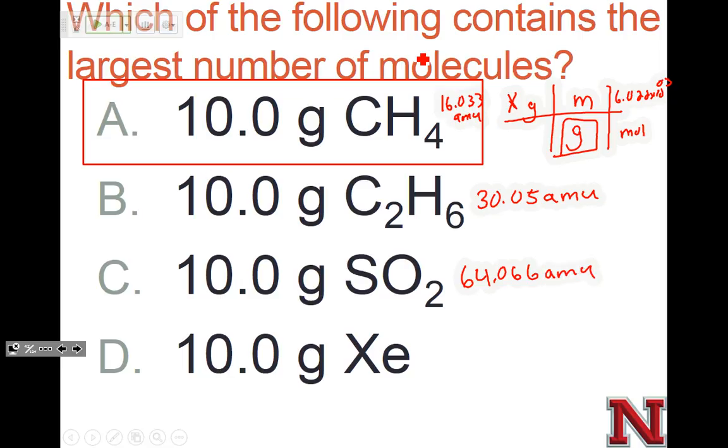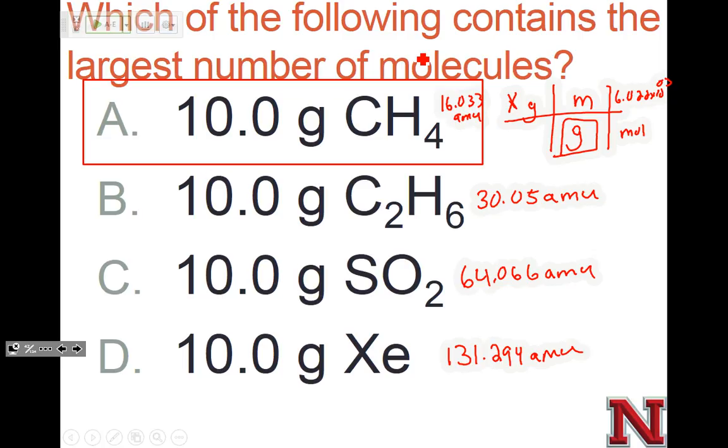And if you look at Xe, Xe actually has an atomic mass that is the biggest. It's very dense. So we can see that CH4 has the least amount of grams per 1 mole, so it's going to have the largest number of molecules, because it's going to have the smallest number on the bottom.